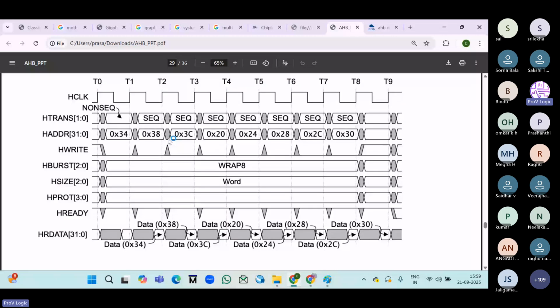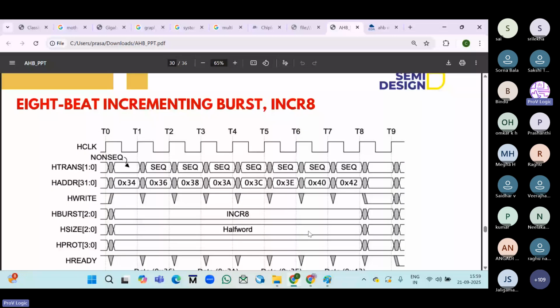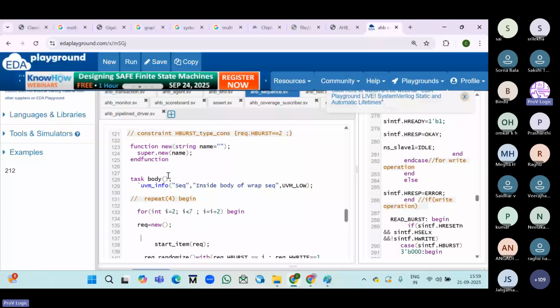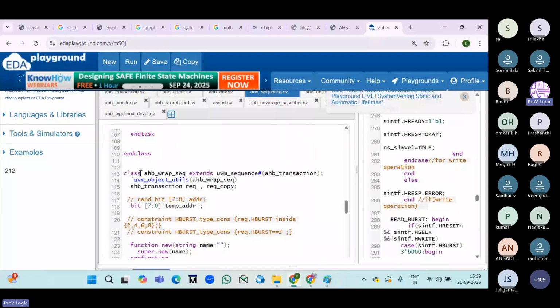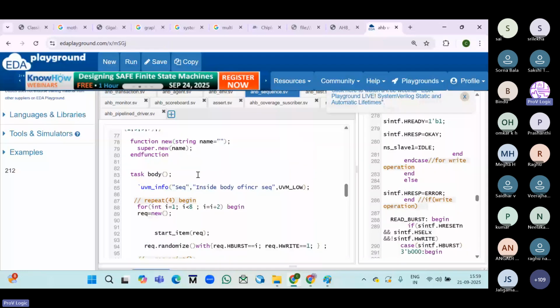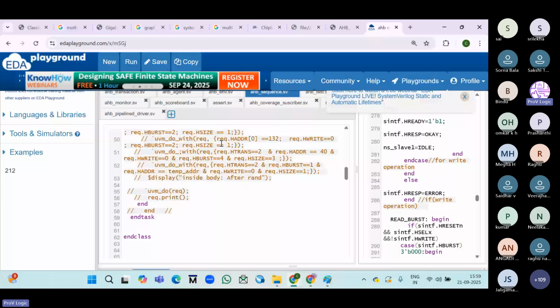According to that, you need to write the design. According to that, you need to verify the UVM code. So like that, we will have the test cases here. This is the AHB wrap sequence test case. This is the increment sequence test case, and the single transaction test case without any bus transfers. After the sequence, we need to write the sequencer in UVM.